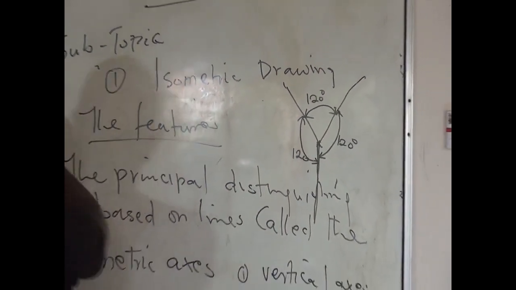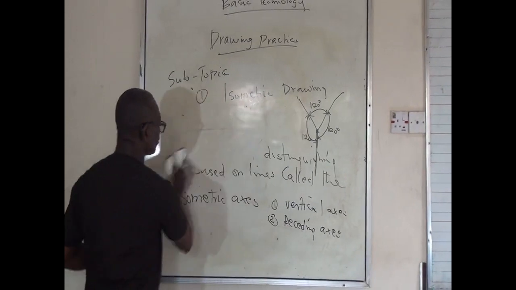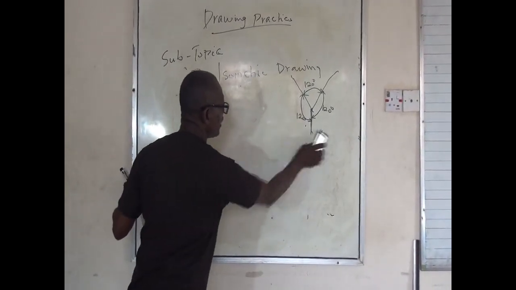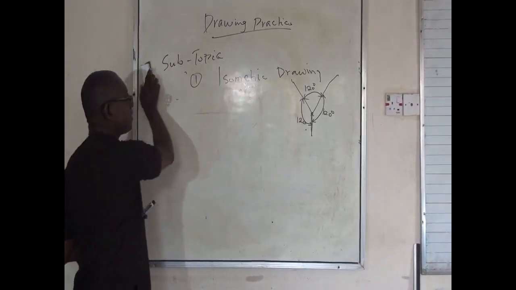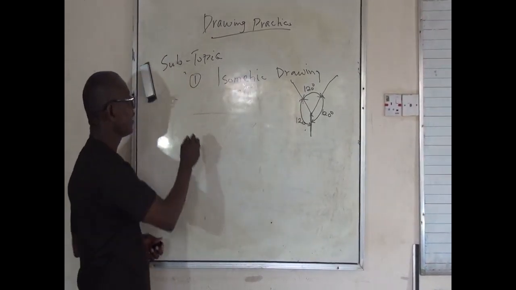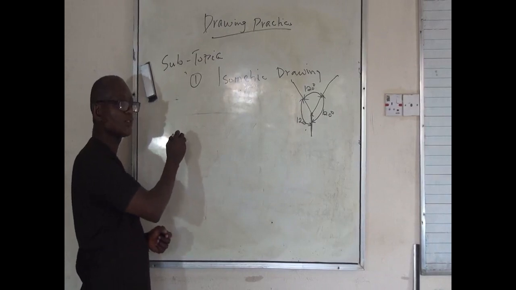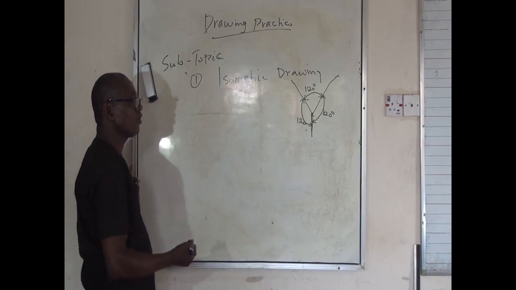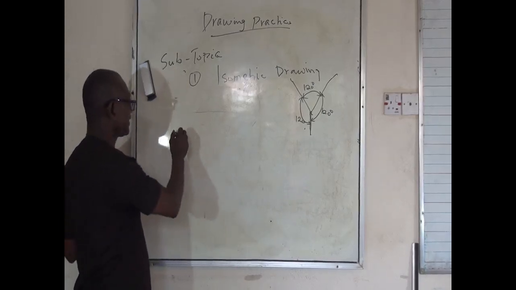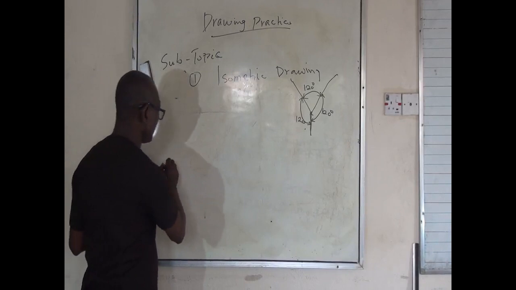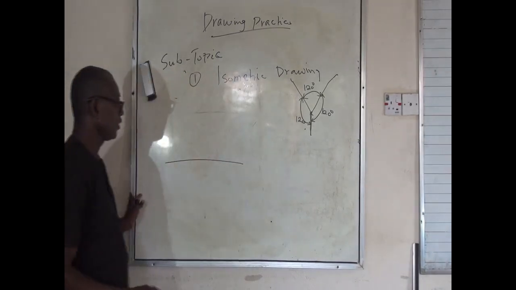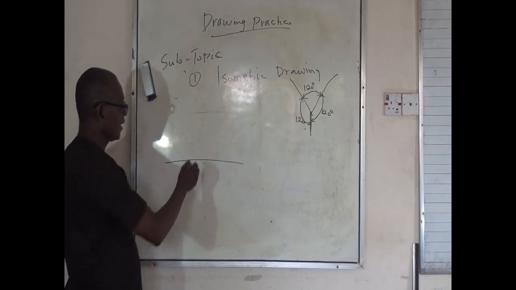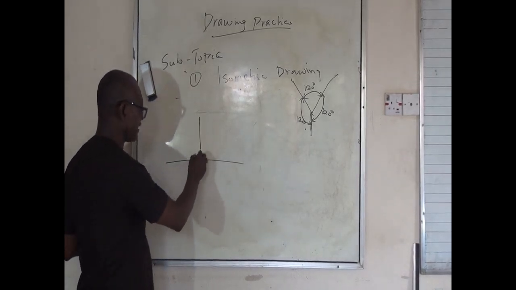For example, if we are to show a drawing in isometric drawing, let's draw a box. You discover that the first is that you have your horizontal line and then your vertical line.